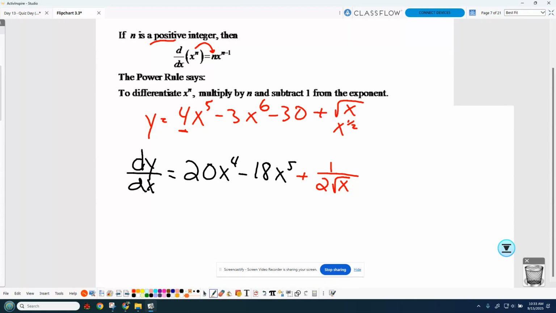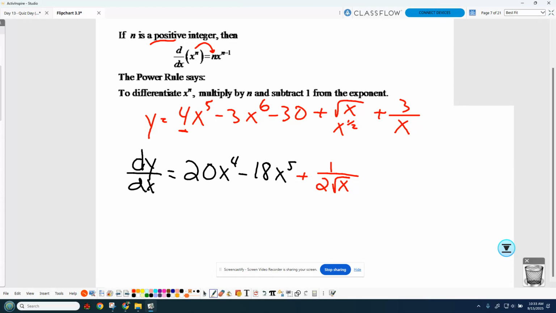Since the positive integer part is not true, does it also work for negative integers? Okay, does it also work for negative integers? 3 over x. What is the power on x? Negative 1.